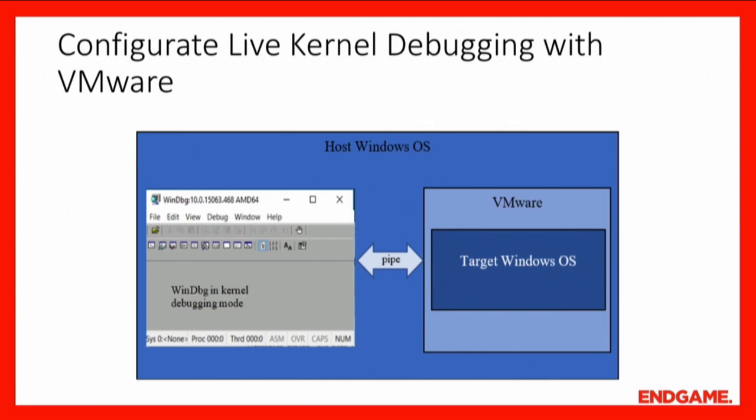We need to configure the 3 pieces separately. In the host OS, we create a virtual serial device based on a pipe. And then inside VMware, inside the target Windows OS, we configure the kernel debugging session.